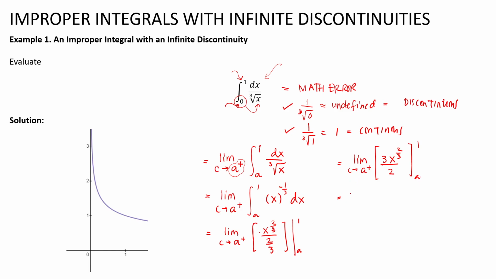Taking the limits now, this gives us 3 times 1 to the power of 2/3 all over 2, and then minus the limit as c approaches the right-hand side of a of 3a raised to 2/3 all over 2.